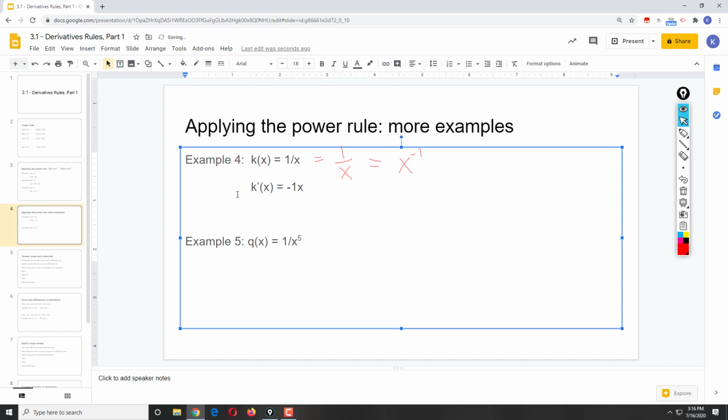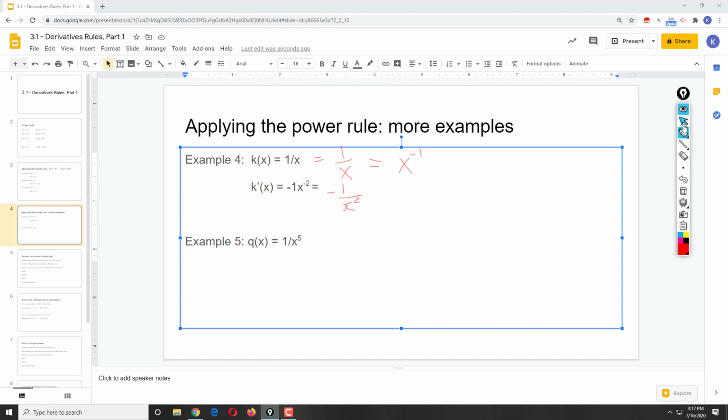Negative 1 minus 1 becomes negative 2. So the derivative of 1 over x is negative 1 times x to the negative 2 power, and that's equal to negative 1 over x squared.